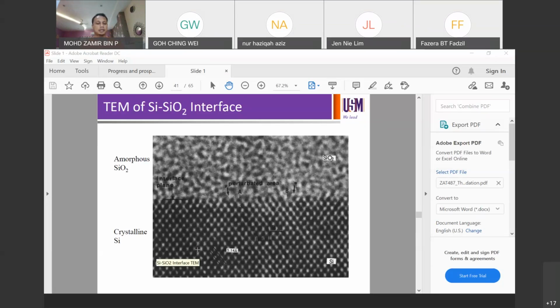Is it still a single crystal? Anyone? Is it still a single crystal then, if you see borders or change of crystalline orientation in this particular image? Shahira.